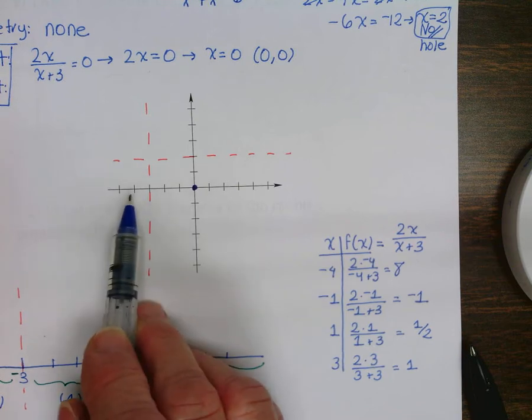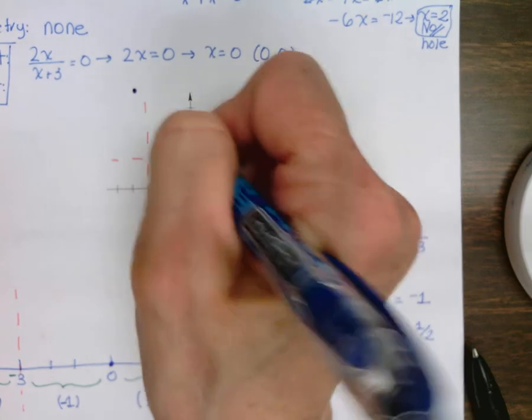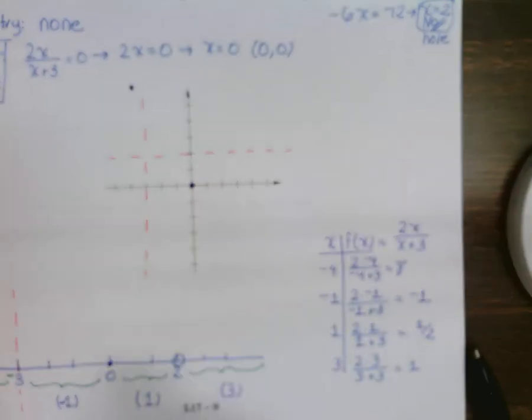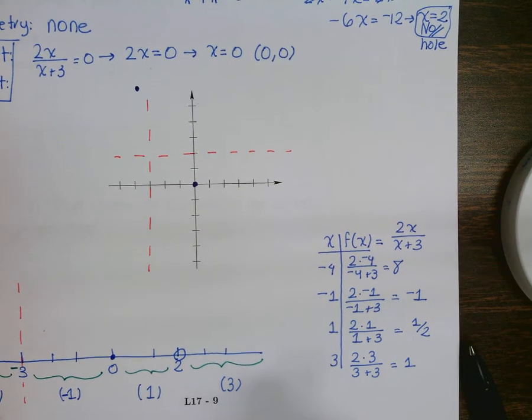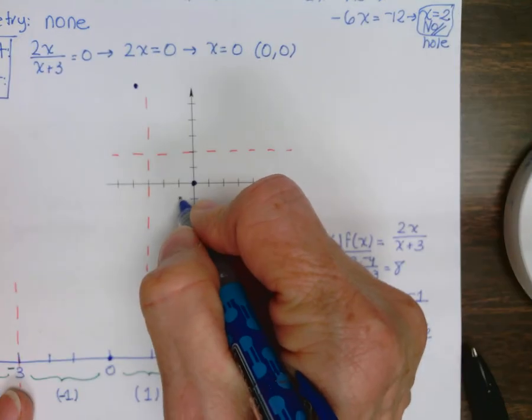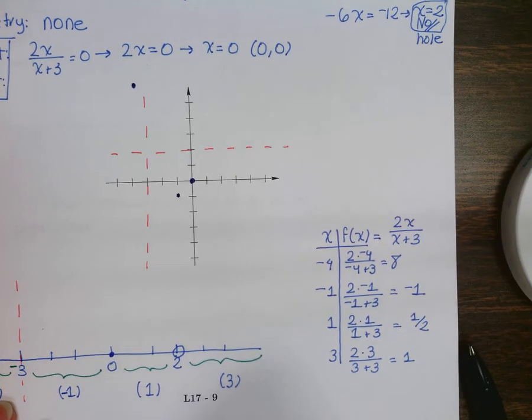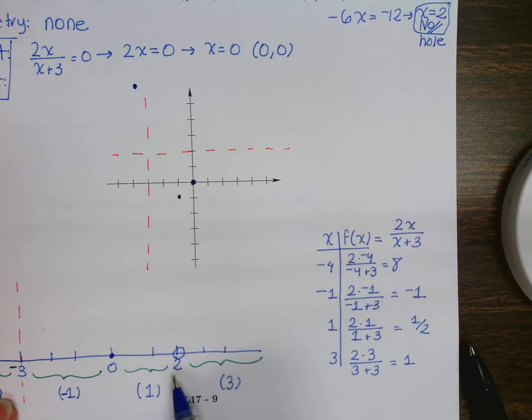At -4, we're up here at 8, beyond the scope of our graph. At -1, we're at -1. At 2, what happens? We have a hole.